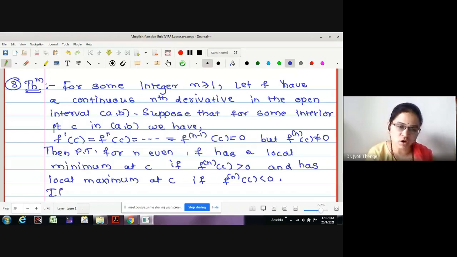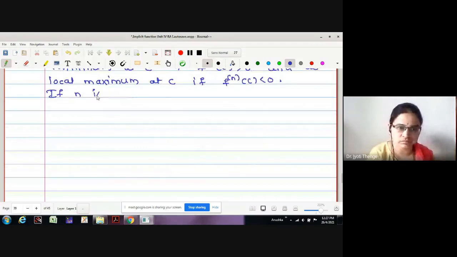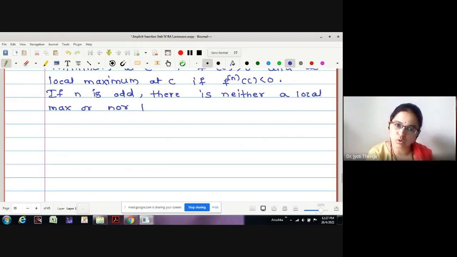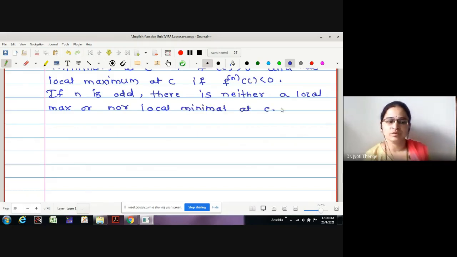If n is odd, there is neither a local maxima nor a local minima at point C. We'll try to understand the statement first.